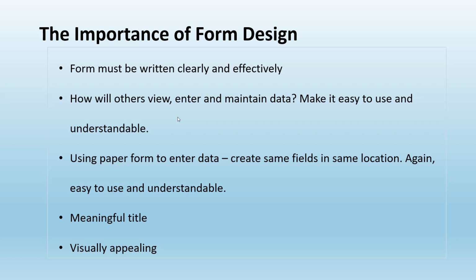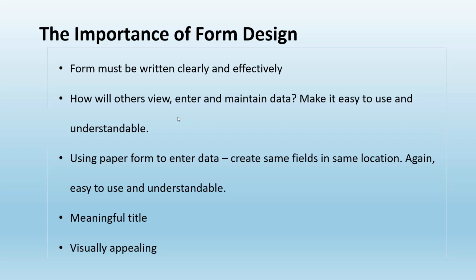Because whoever's using this, whether they're entering the data, reading the data, or coming back and editing and removing data, they have to understand what the data means and have an easy way to work with it. So design encompasses how will others view, enter, and maintain data. You want to make it easy to use and understandable.